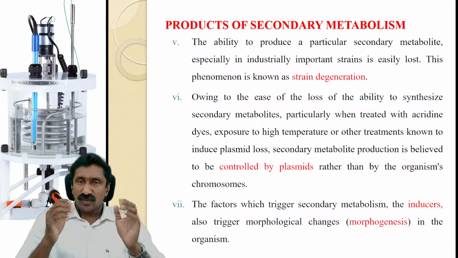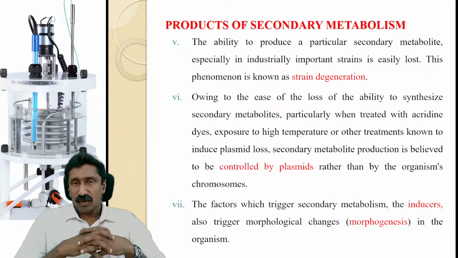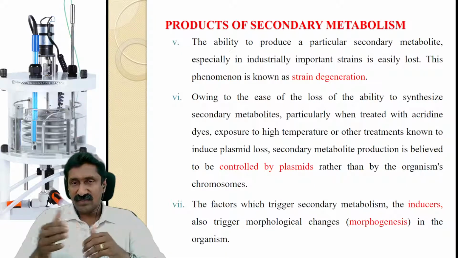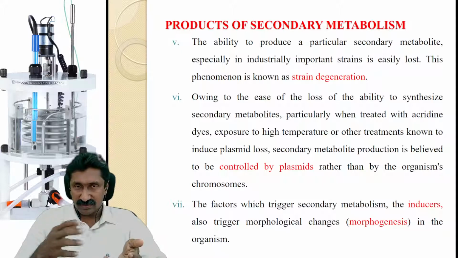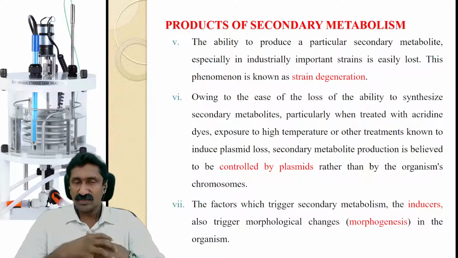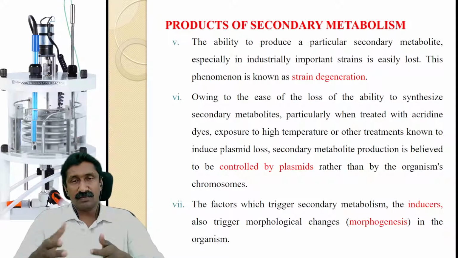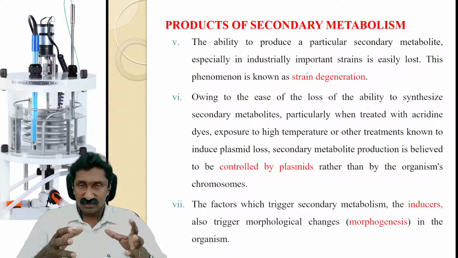Owing to the ease of the loss of the ability to synthesize secondary metabolites, or due to the problem of strain degeneration, particularly when treated with some mutagenic agents like acridine dyes or exposure to high temperature or other treatments, which may induce plasmid loss, secondary metabolite production may be lost.